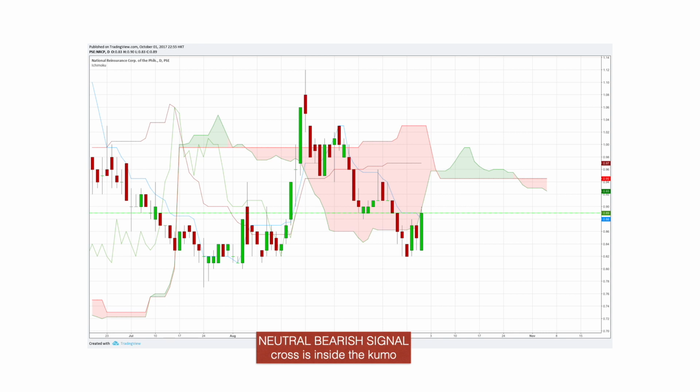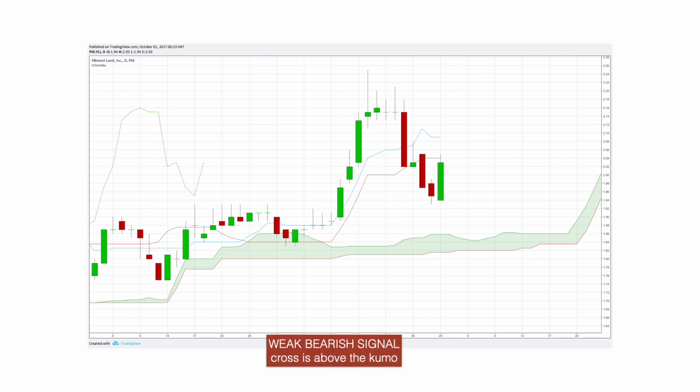The bearish signal is neutral when the price went below the Kijunsen while it is inside the Kumo. The bearish signal is weak when the crossover happens below the Kijunsen while price is above the Kumo.